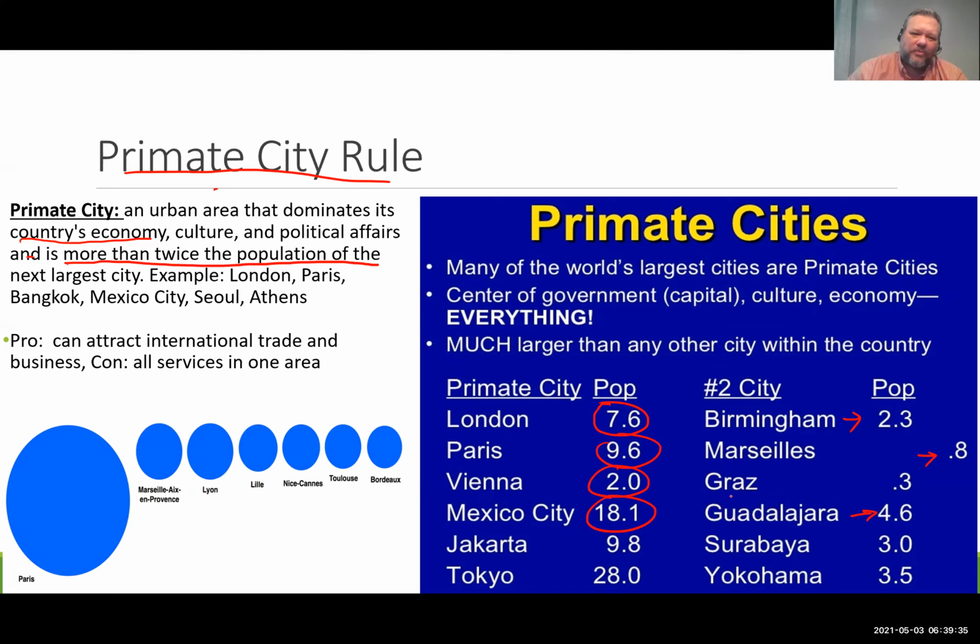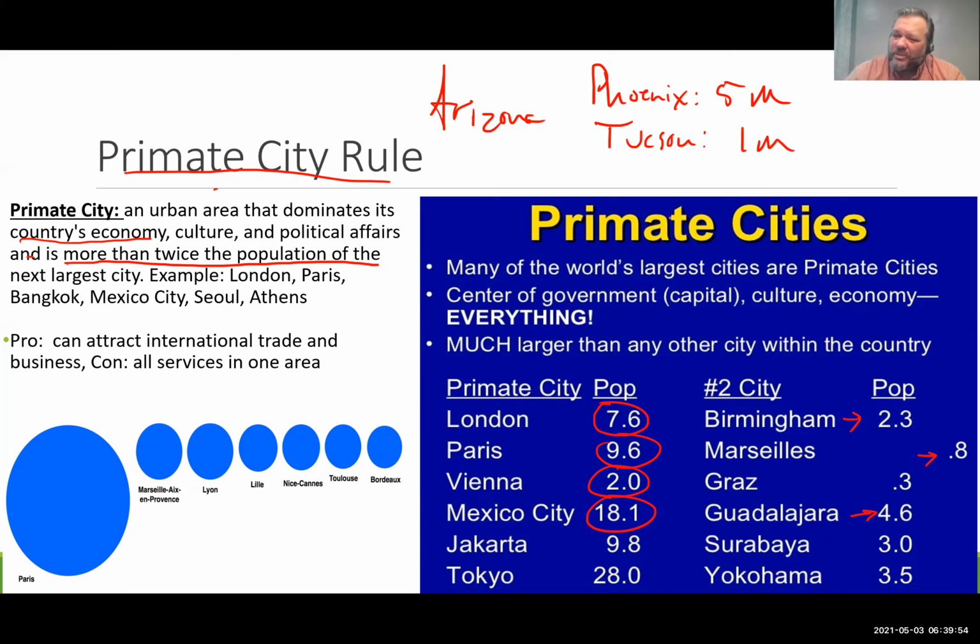If we're looking at Arizona, and depending on how we classify the city, if we're looking at metropolitan areas, remember the metropolitan area of Phoenix has about 5 million. The next biggest city is us at 1 million. So if we're using metropolitan area population sizes, we would definitely fall under the primate city rule.